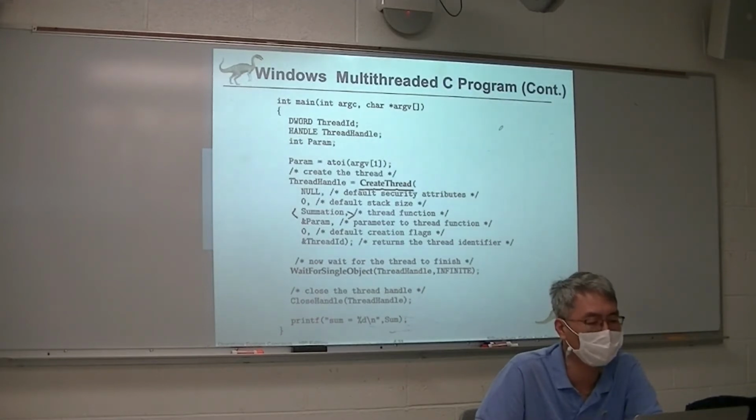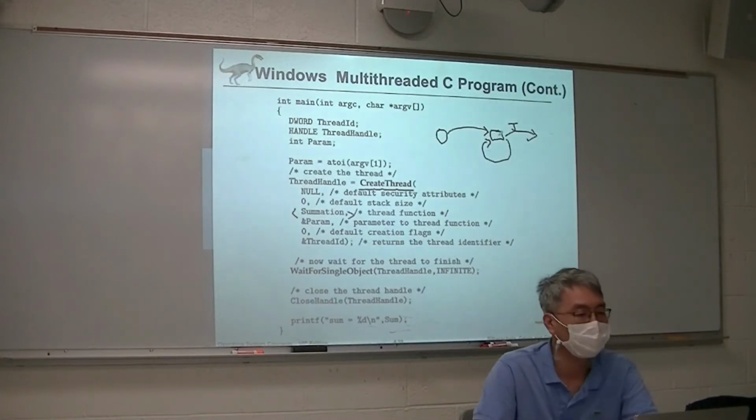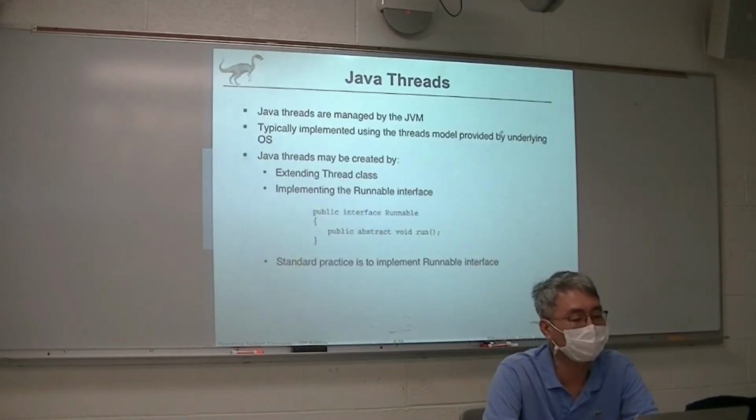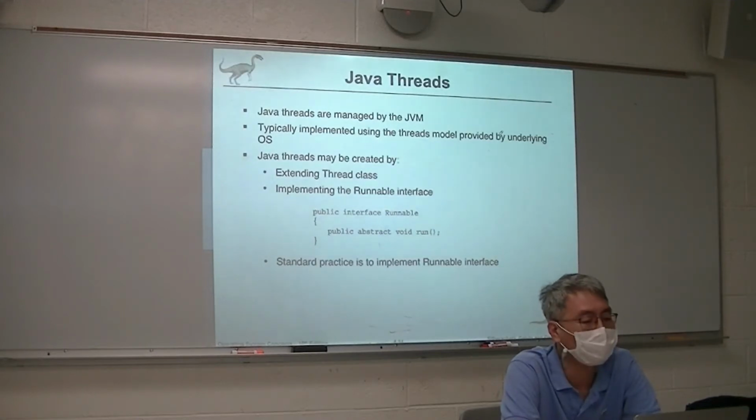As we have seen before, we have the multithreaded server: the client or user request comes, then the server creates and joins a thread, and the server is waiting for another request like that. So that is the example of Windows. Java: probably a lot of you already practiced Java threads in your programming class.